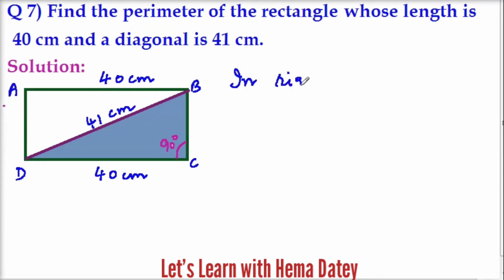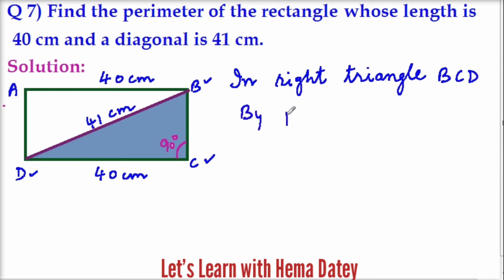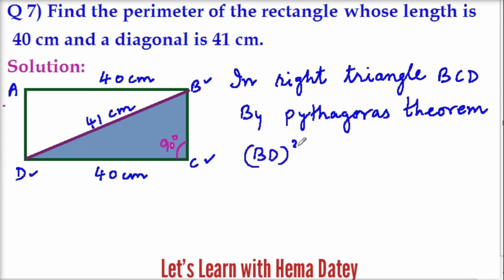And in this right triangle BCD, by Pythagoras theorem, the square of the hypotenuse, which is BD whole square, is equal to BC whole square plus DC whole square.